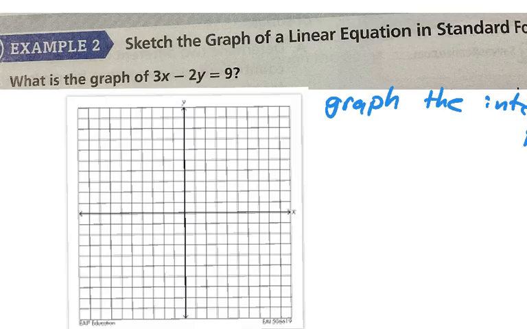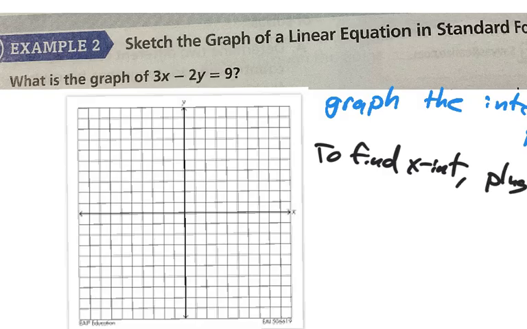So how do you find the x-intercept? To find the x-intercept, plug in 0 for y. Because what are x and y?